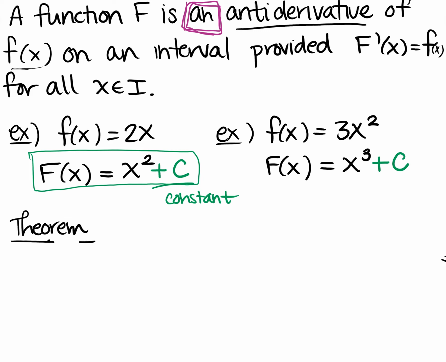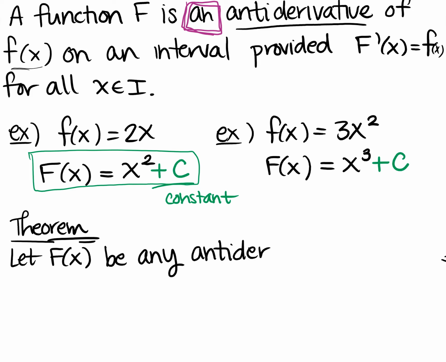So let's let capital F of x be any antiderivative. So it could be the antiderivative with 0, it could be the antiderivative with whatever. Usually we pick the antiderivative with constant 0.